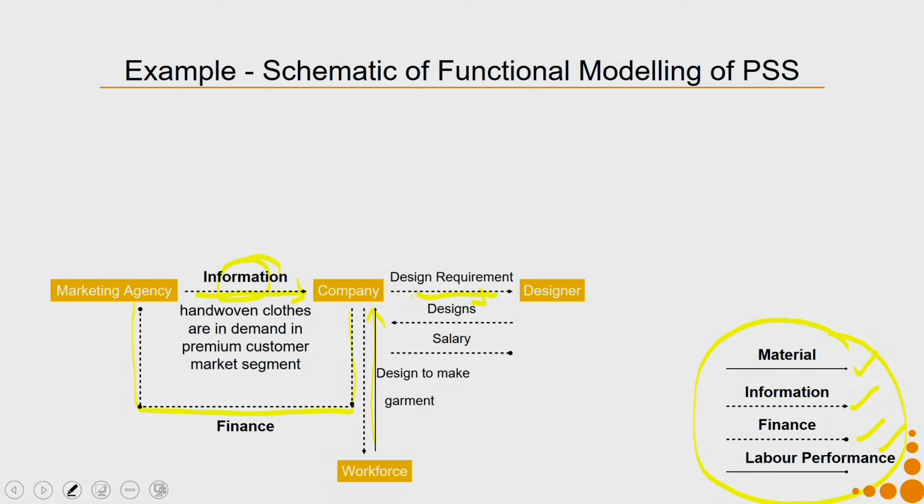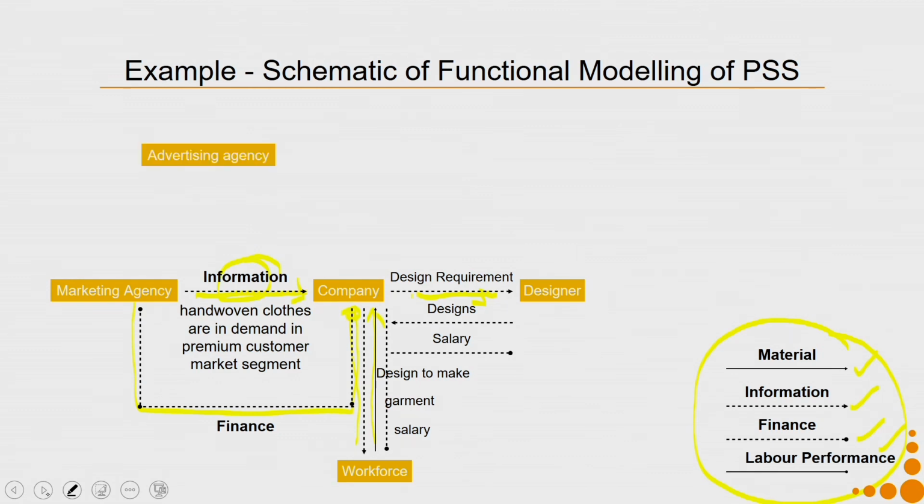So this kind of an arrow. In return for this garment, the company will give salary to the workforce, which is the finance. I could have also drawn the labor performance over here, because labor performance direction is from the workforce towards the company.